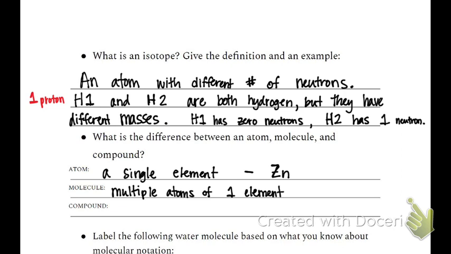So if we're still using zinc as our example, this would be like Zn3, or however many. But it's still just zinc, but there's more than one. So like the hydrogen 2 molecule. Yes, H2 is 2 hydrogens.